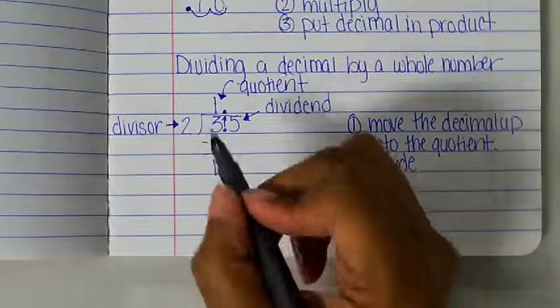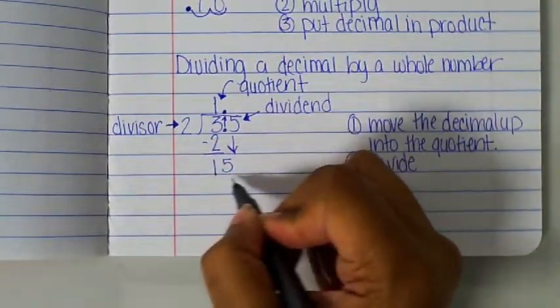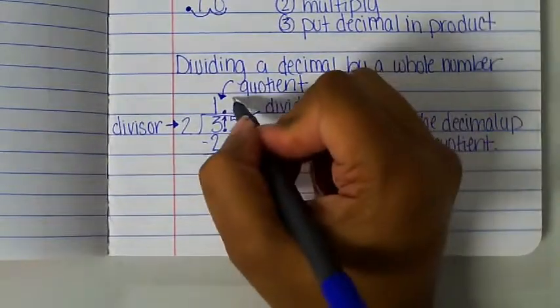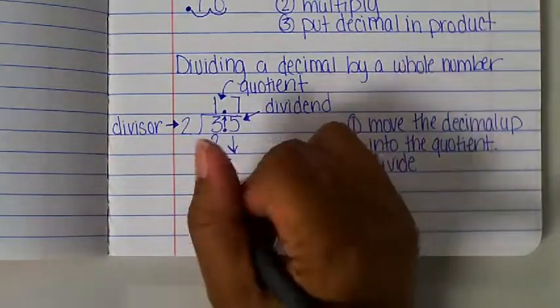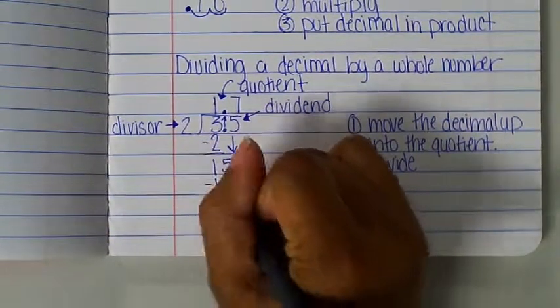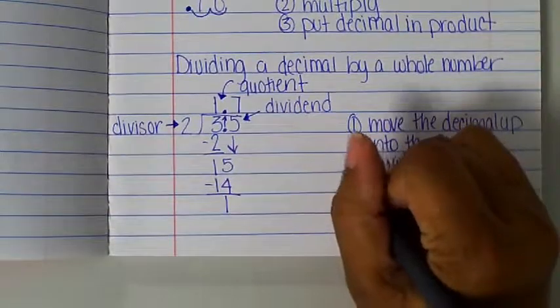Bring down the 5. 2 goes into 15 seven times. 7 times 2 is 14. Subtract, you get 1. All right, what do I do now? Oh, I added 0. I don't do remainders? No. Okay, let's make a note.